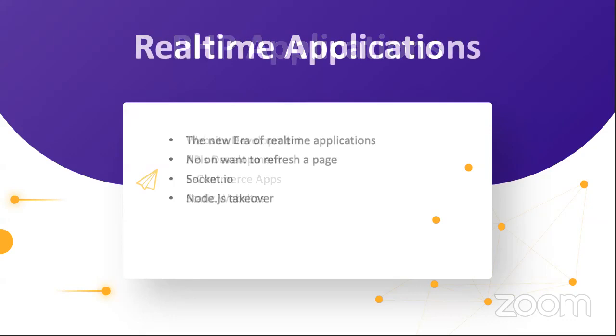We still know the old things like polling or Ajax calls. So now, what are real-time applications? Real-time applications are now taking a trend. Now there is an era of real-time applications where no one wants to refresh a page. Even when we are using the web right now, we do not want to hit refresh, refresh, refresh.